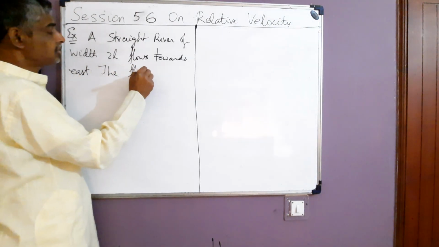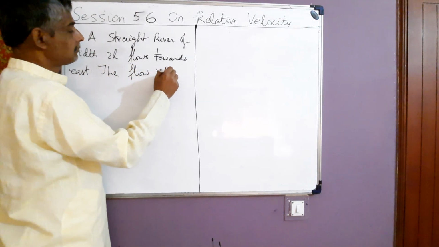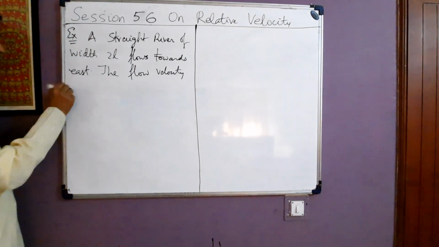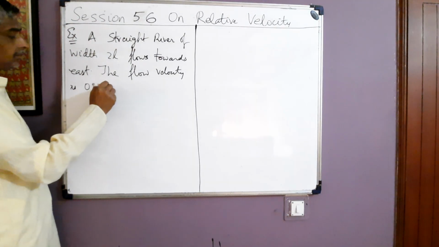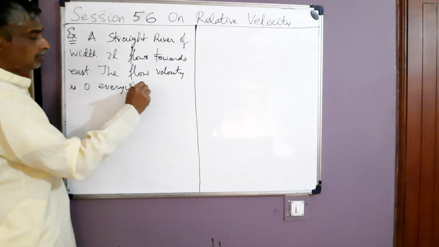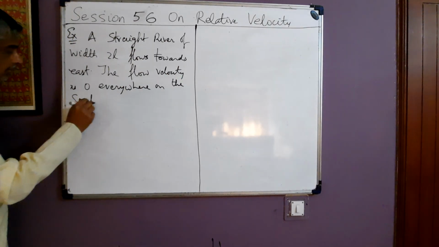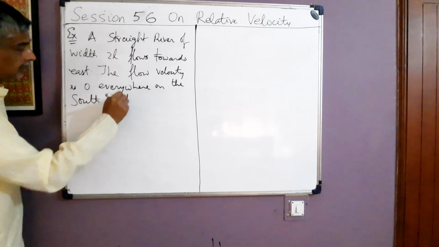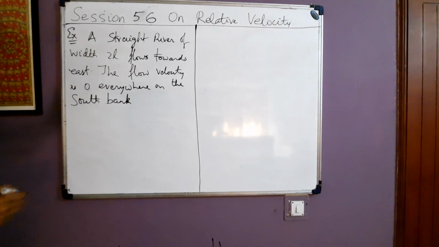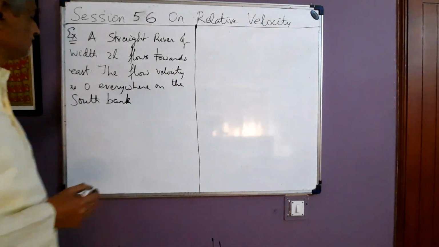The flow velocity is 0 everywhere on the south bank.